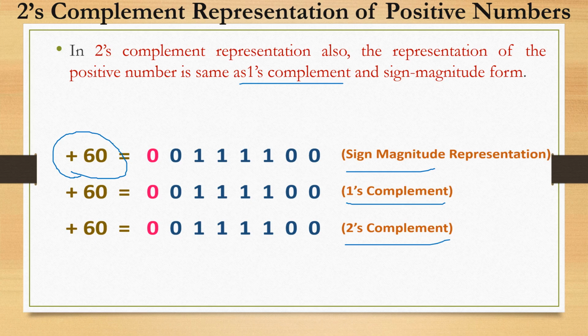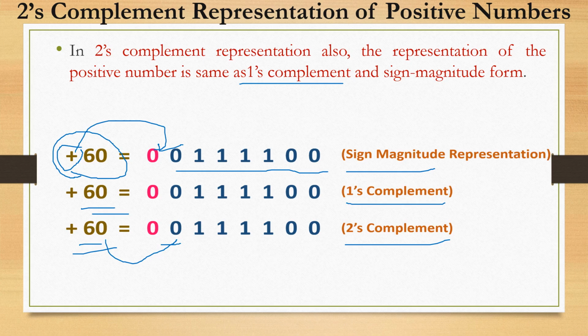So in a sign magnitude number, first we represent the 60 and for a positive number we add 0 only. Okay, in the ones complement number system, the value of positive 60 is this one, and in the twos complement system the number is this one.